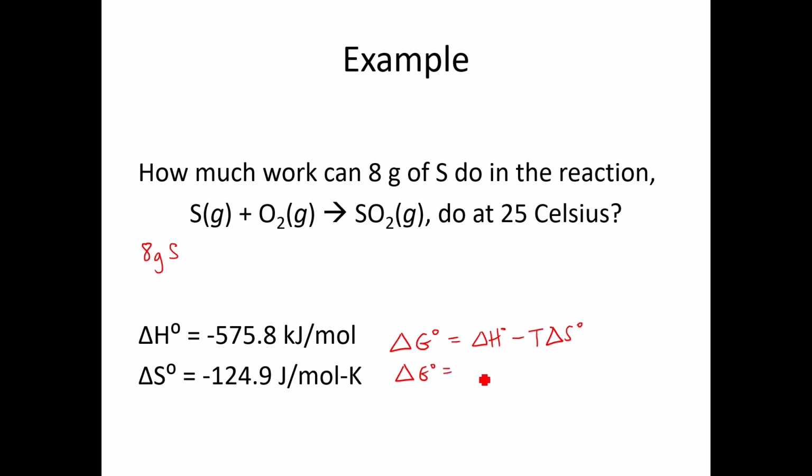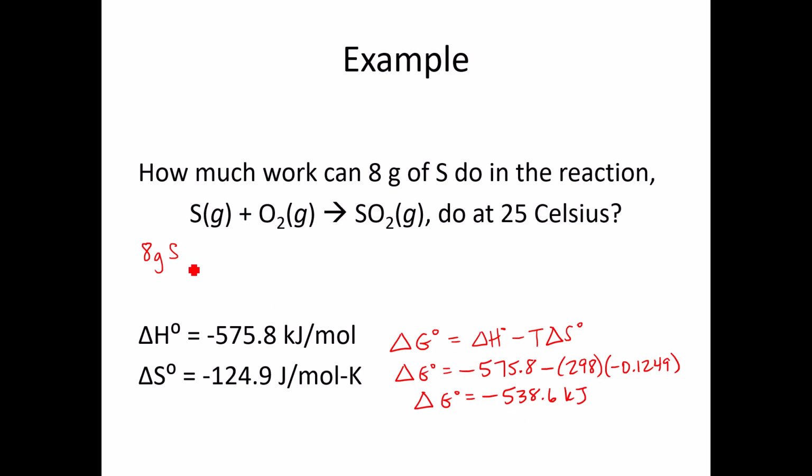Alright, so I'm going to fill in my delta H at 298 Kelvin, and my delta S, remember converting for units, and then I can calculate delta G, and I get negative 538.6 kilojoules. So it's negative, it's a spontaneous reaction, it can do work.